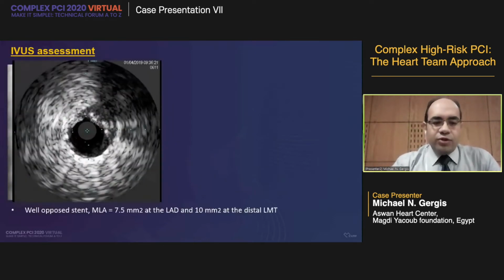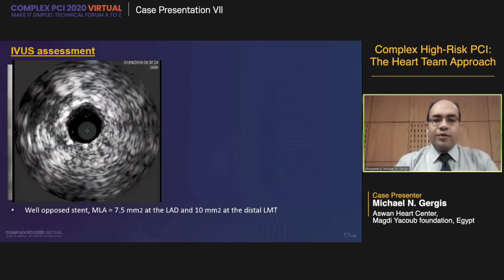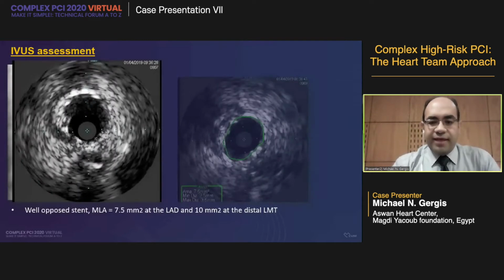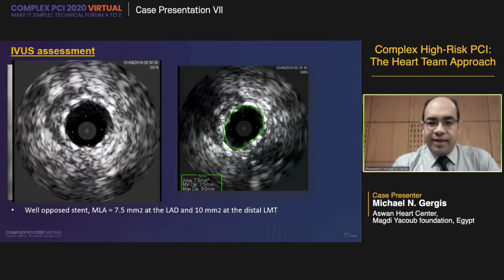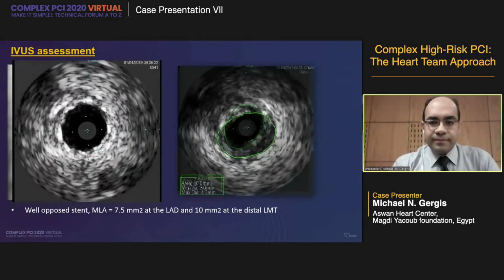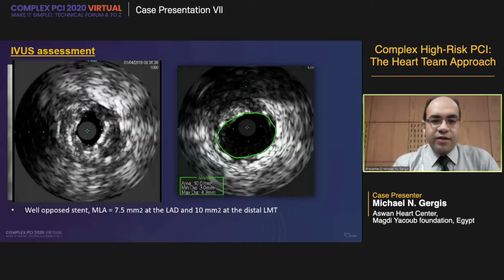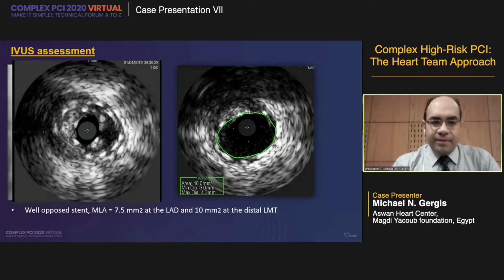Final IVUS runs showed a well-apposed stent with a minimal stent area at the LAD of 7.5 and 10 millimeter square at the left main. As you can see here, this is a figure of 8 of the TAP PCI.